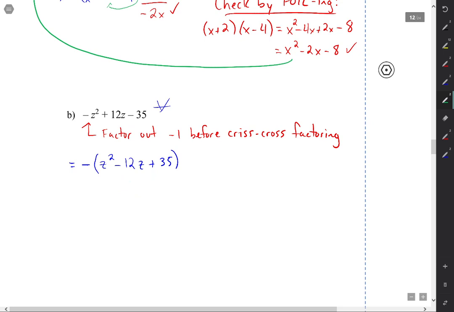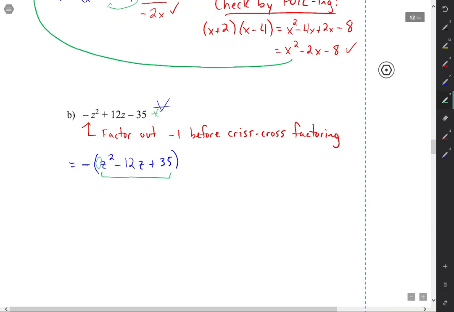Because if you were to multiply this negative back into the brackets here, you would get negative z squared plus 12z minus 35, which would equal our original equation. So now that we've factored out that negative sign, we have a trinomial that we can work with to factor, because now this first term over here, that squared term, is positive.